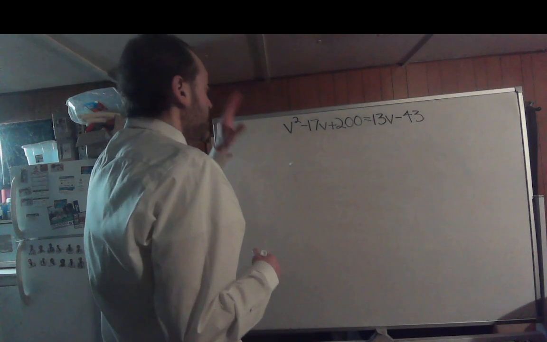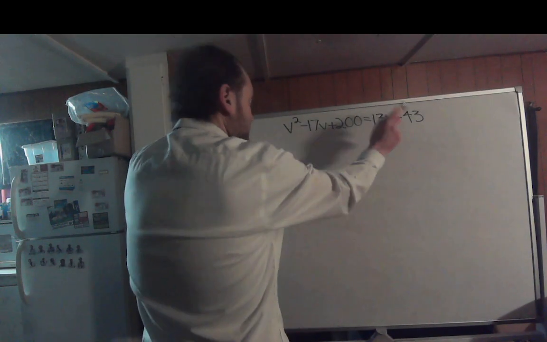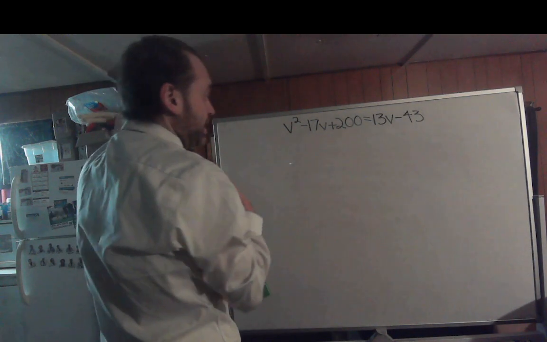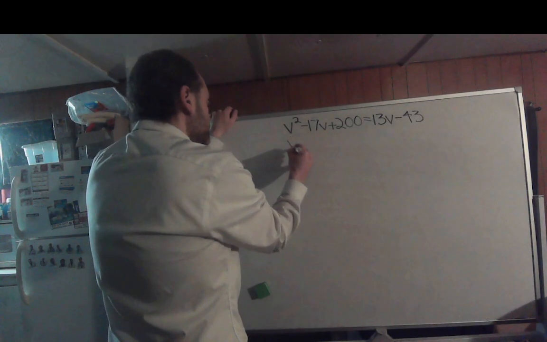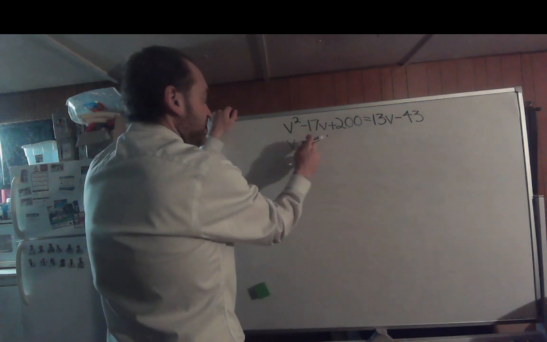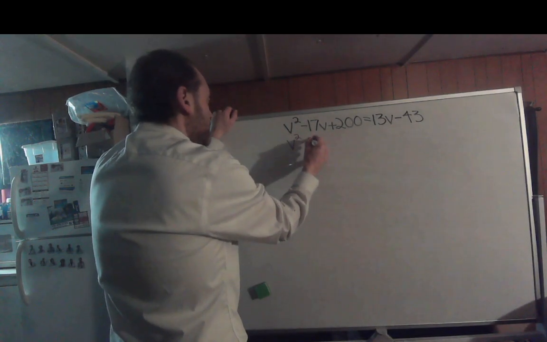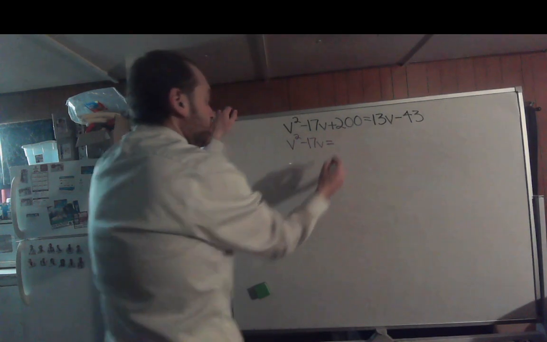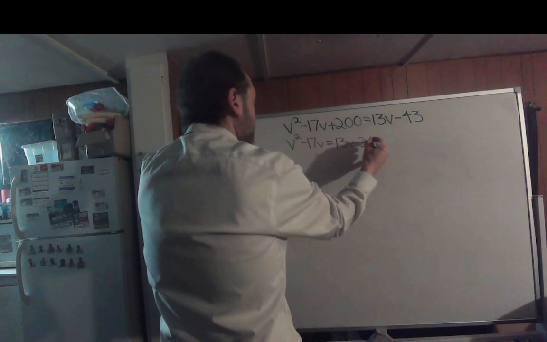We want to leave the constant term on the right-hand side and get rid of the 200 out of the left-hand side. So let's start by subtracting 200 from both sides to make the left side not have a constant term. This will turn into v squared minus 17v would equal 13v minus 243.